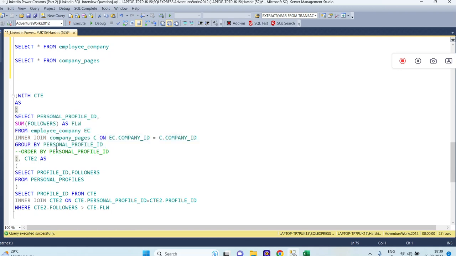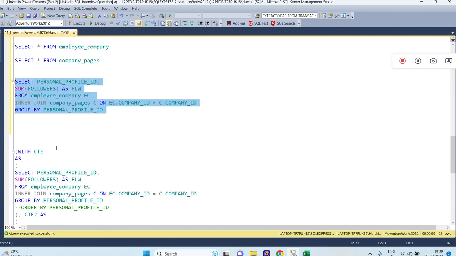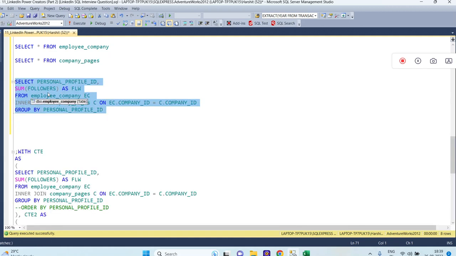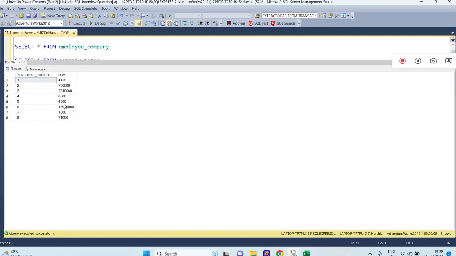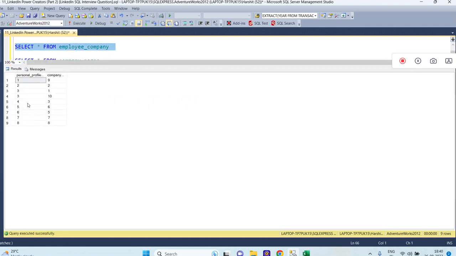So this is the first city. If you see over here, these are the companies each of the employees is working for, right? Personal profile ID 3 is working for 1 and 10.